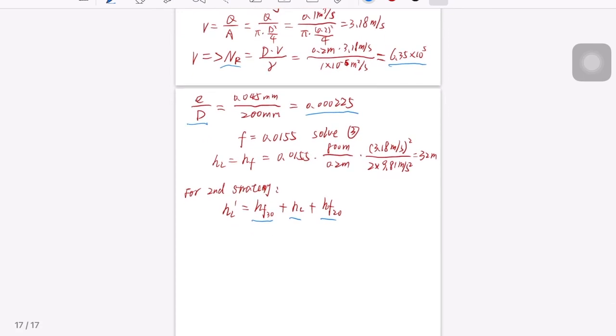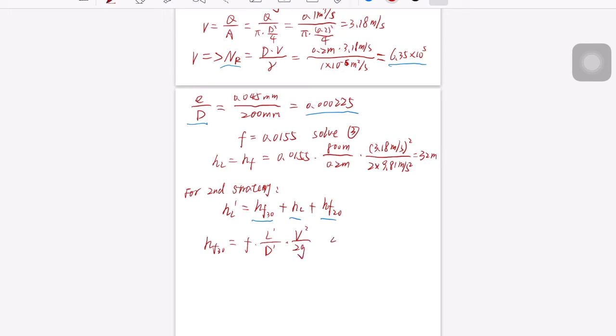So we also use the Darcy-Weisbach equation. So the friction loss equals f times L over D times V squared by 2g.